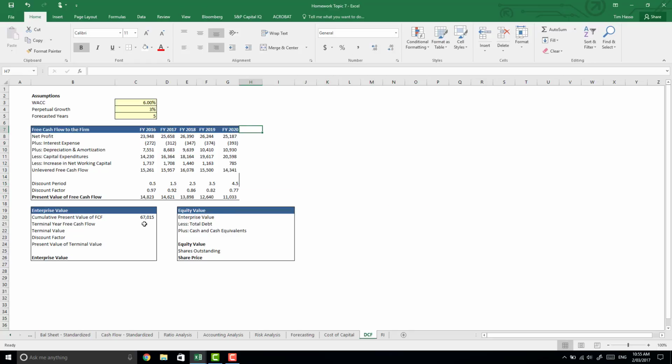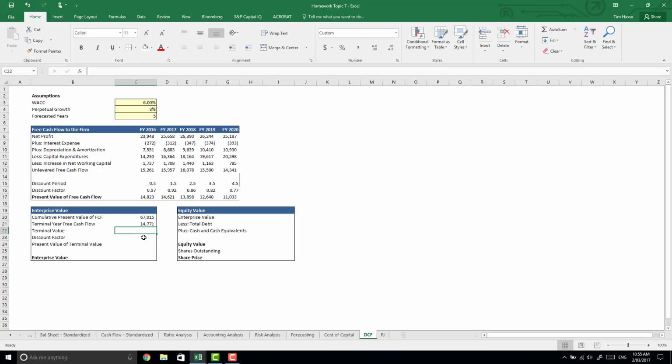In 2021, our terminal year free cash flow will simply be equal to our cash flow in 2020, and we're going to multiply it by 1 plus the perpetual growth rate, which we have in cell C4. Press enter and you get 14,771. Next we need to calculate the terminal value.